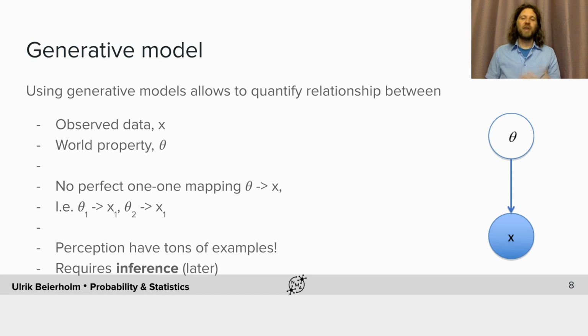So you can have a state of the world giving rise to a property, giving rise to data that you observe. So here I call them theta 1, giving rise to x1. But there can be other states of the world that can give rise to the exact same data. So you can't necessarily directly infer in a simple one-to-one mapping based on this.